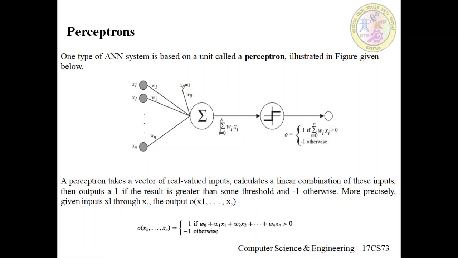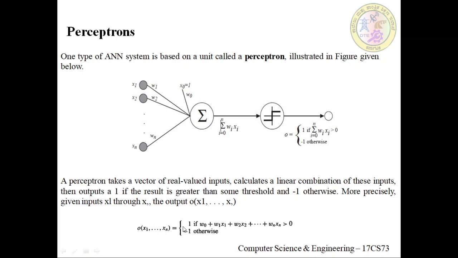So this is what is given. In this case, we say that it compares it with some threshold value. As an example, we have taken the threshold value as 0. As I said, the inputs x1 through xn, and the output O of x1, x2 and so on till xn, are computed by the perceptron.